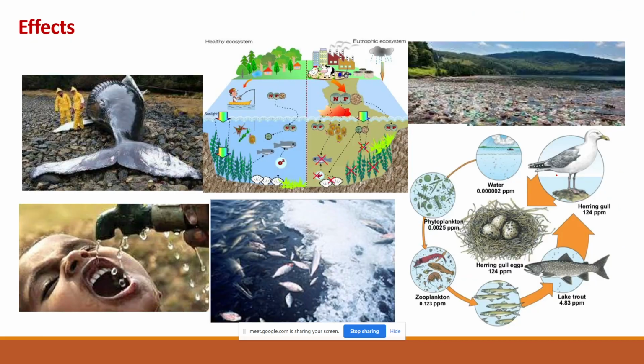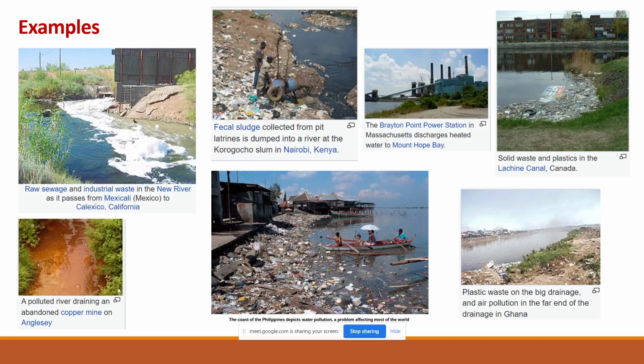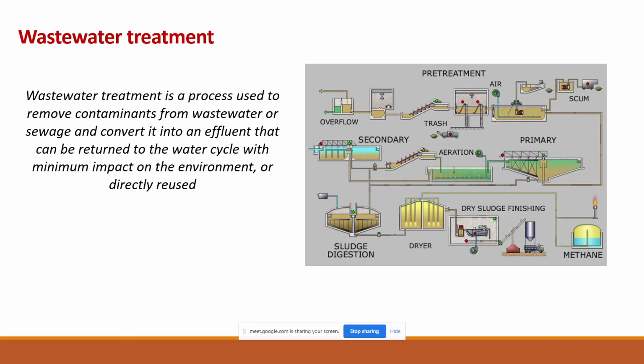Then the solid waste, and we also studied how this pollution of water bodies has led to a lot of effects and consequences, like eutrophication or biomagnification, death of aquatic life, and mainly the scarcity of drinking water. Then we also discussed some real life examples, and we discussed images which show wastewater pollution at different places.